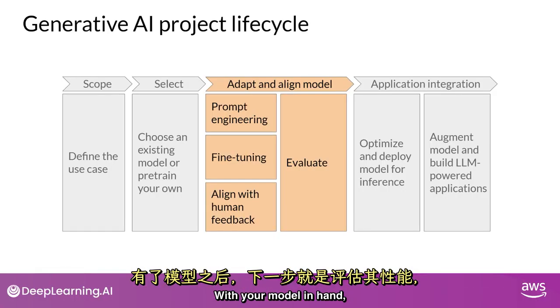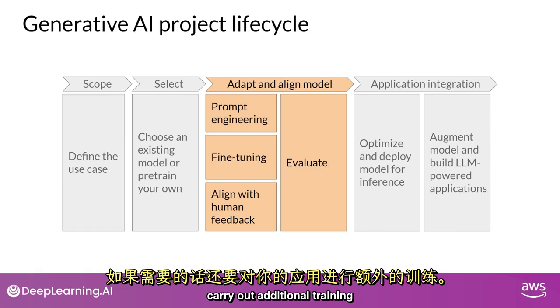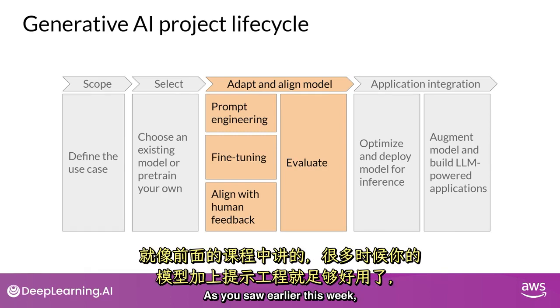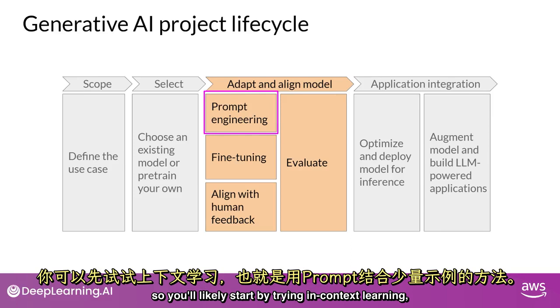With your model in hand, the next step is to assess its performance and carry out additional training if needed for your application. As you saw earlier this week, prompt engineering can sometimes be enough to get your model to perform well, so you'll likely start by trying in-context learning, using examples suited to your task and use case.